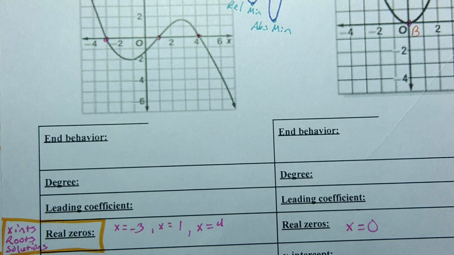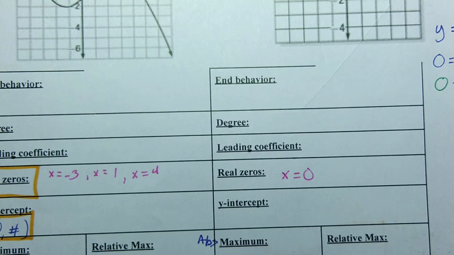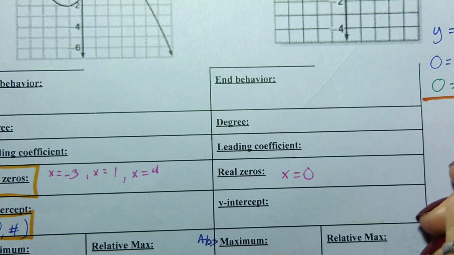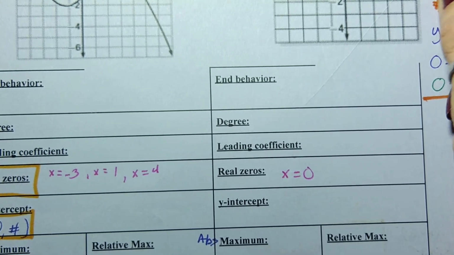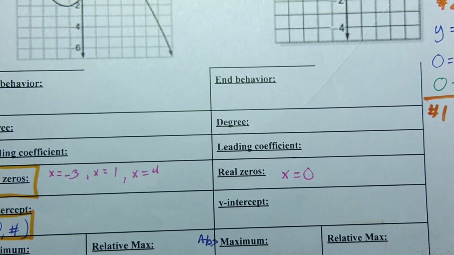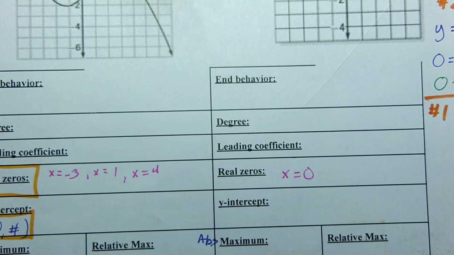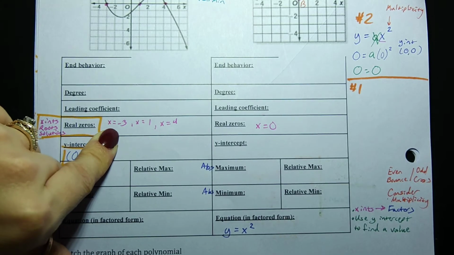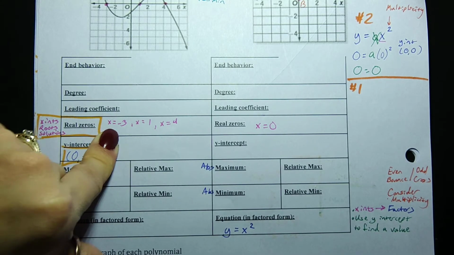Now, if I wanted to turn those into factors, let's go ahead and show this work over here. This is number 2. This is number 1. So if I wanted to turn those roots back into factors, if x equals -3 is the root, what would be the factor that gives me that root?